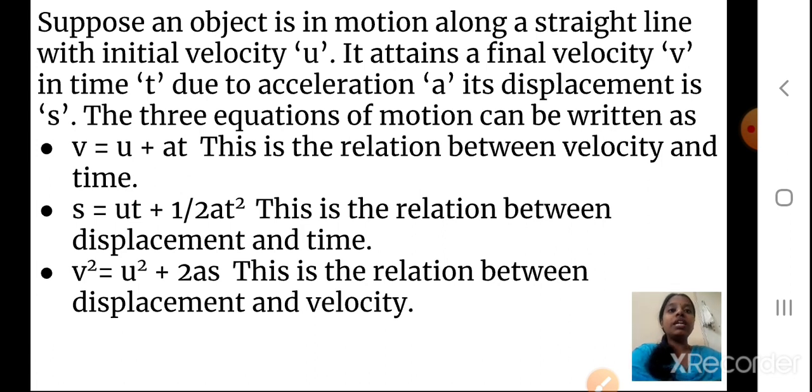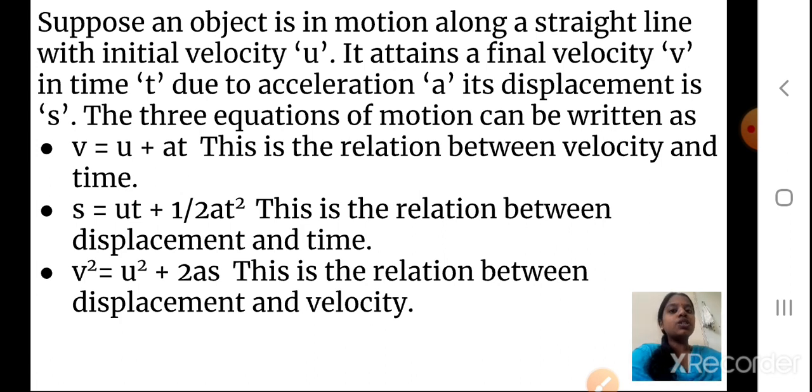The 3 equations of motion can be written as follows. These are the 3 important equations of motion which we are going to derive. The first one is v equal to u plus at. This is the relation between velocity and time.